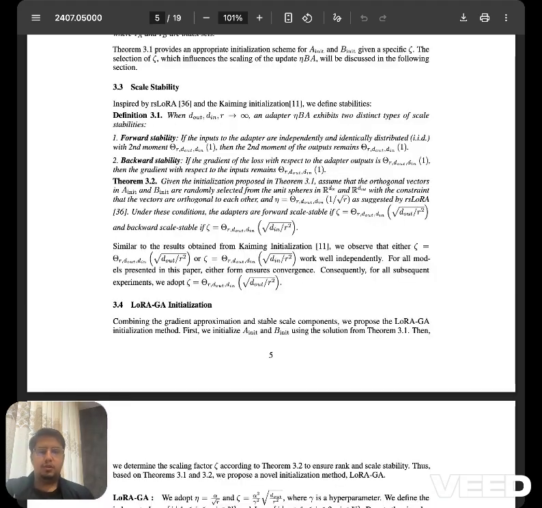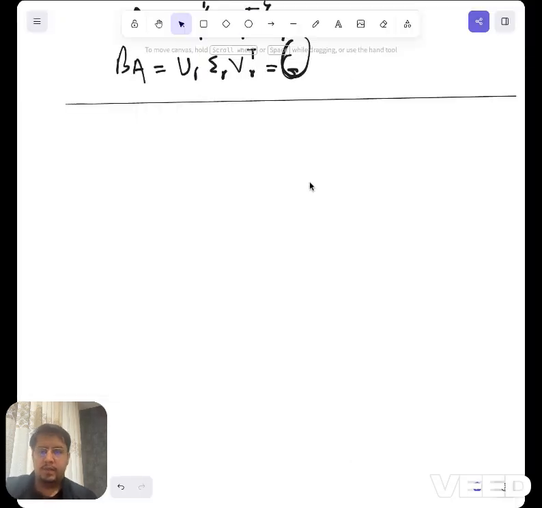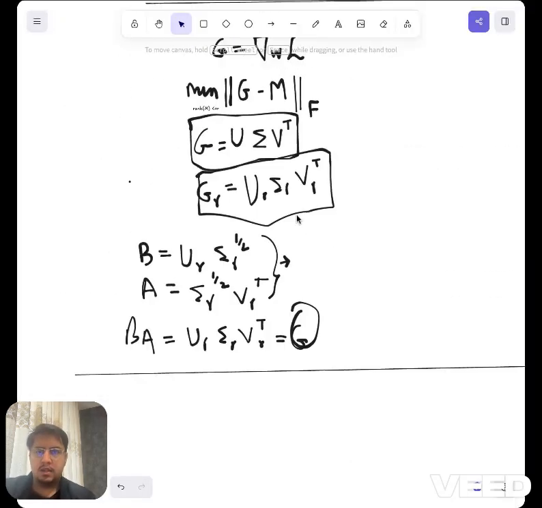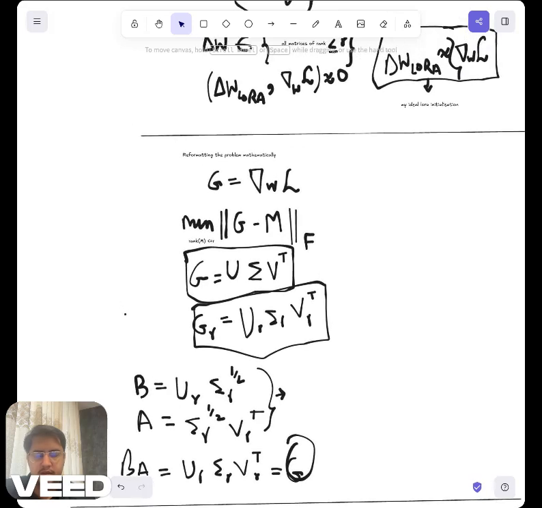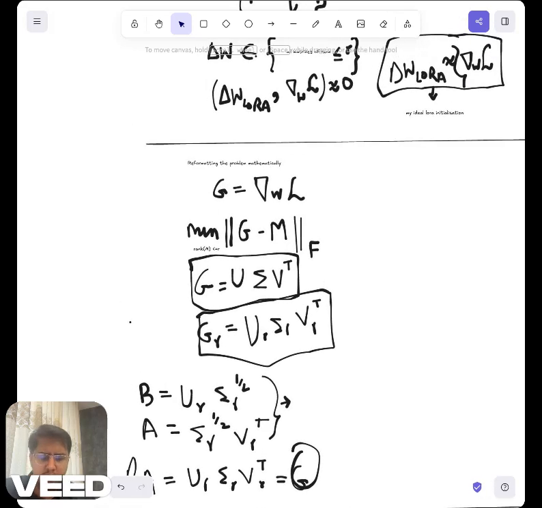Cool. So far we've looked at initialization, as well as what the true gradient looks like, and a bunch of other things that describe the basic mathematics, as well as the direction of updates for LoRA-GA, how the initialization has been tackled, why it works, what the motivations behind it are, and how we know that this is a better way of initializing as compared to vanilla LoRA.